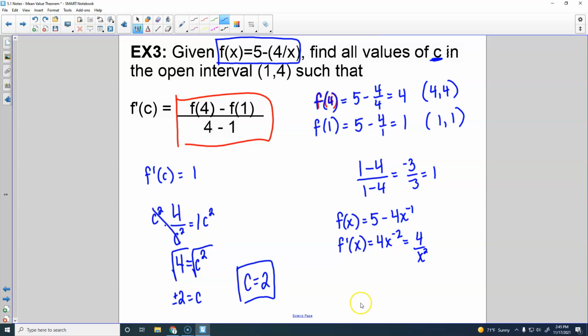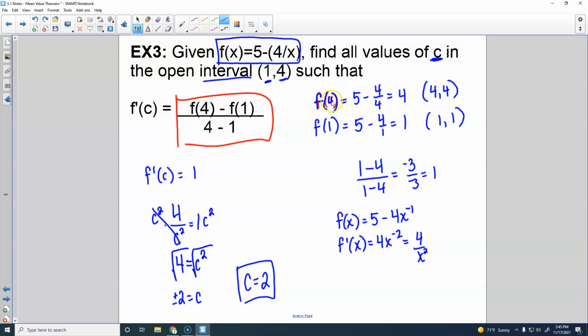Okay, questions? So I plugged in the endpoints to our interval right here, which are 1 and 4. So I just plugged those into the function. When I plugged in 4, I got 5 minus 4 over 4, which is 4.